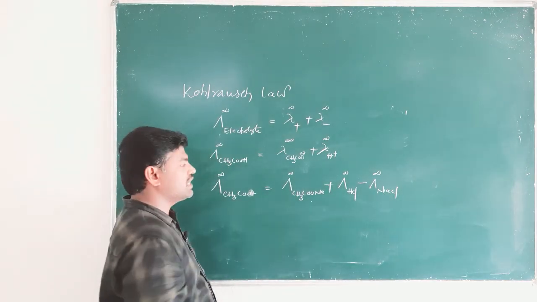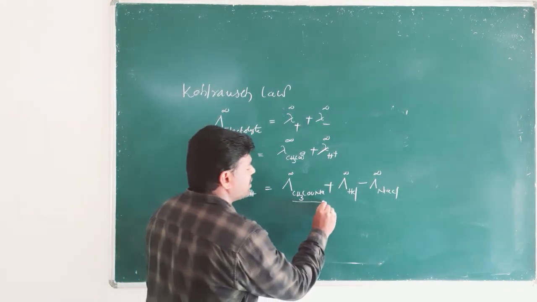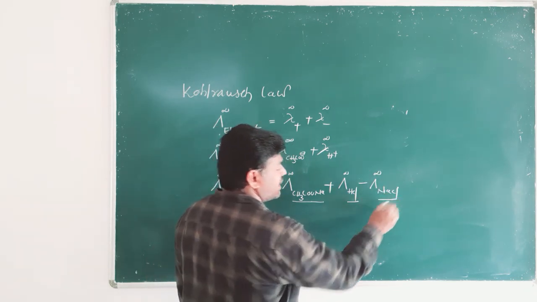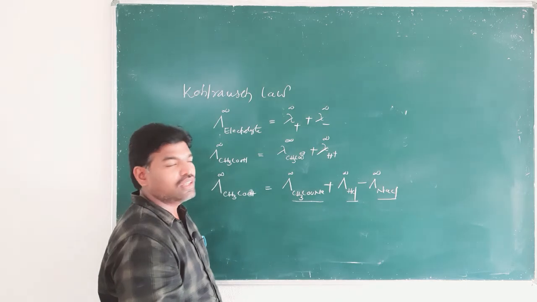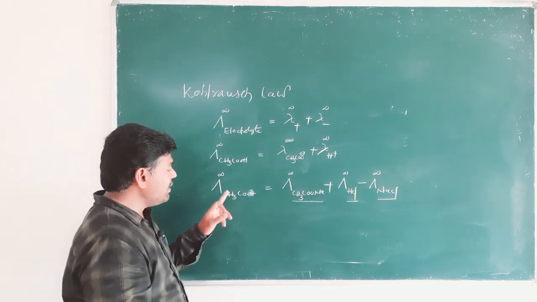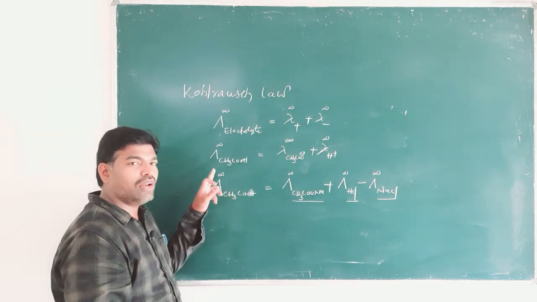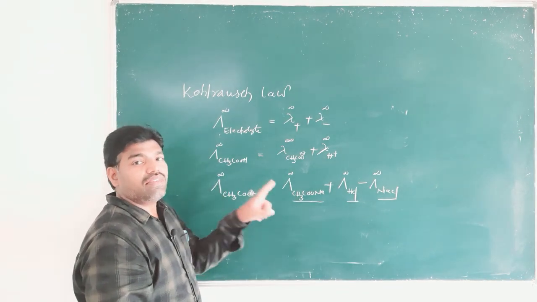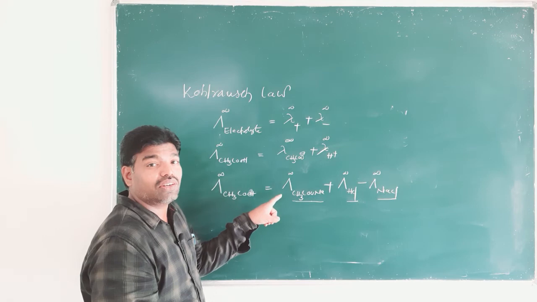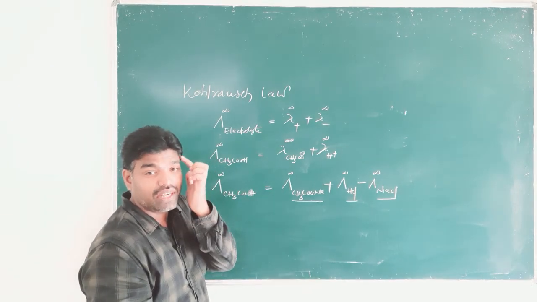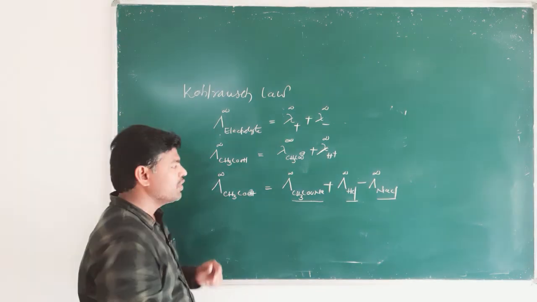If you observe this, CH3COONa is a strong electrolyte, HCl is a strong electrolyte, sodium chloride is a strong electrolyte. So, we can get the equivalent conductance of a weak electrolyte at infinite dilution from the equivalent conductance of strong electrolytes at infinite dilution, okay. You should keep this point in your mind, okay.